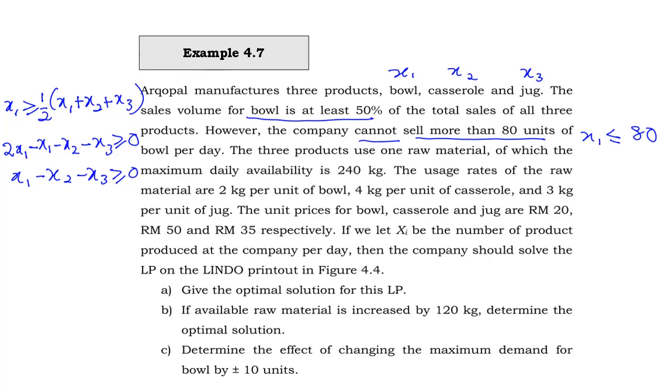The usage rates of the raw material are 2 kg per unit of bowl, 4 kg per unit of casserole, and 3 kg per unit of jug. So for the raw material constraint, the maximum availability is 240 on the right hand side.